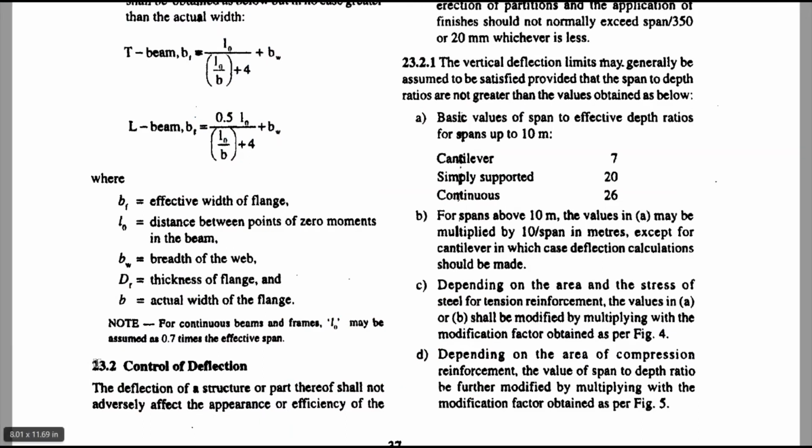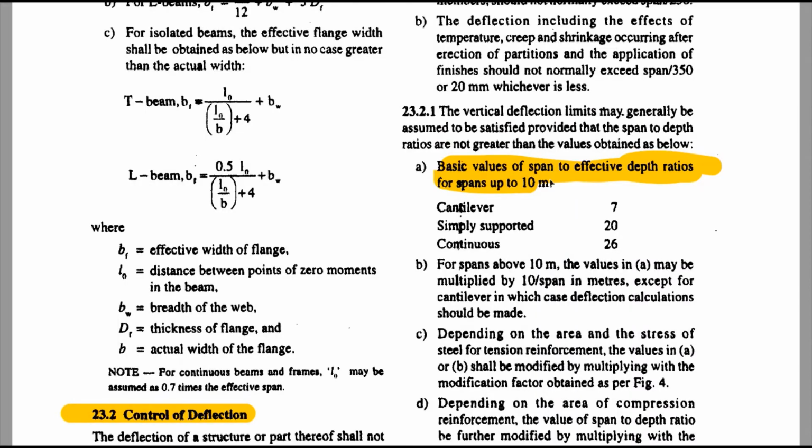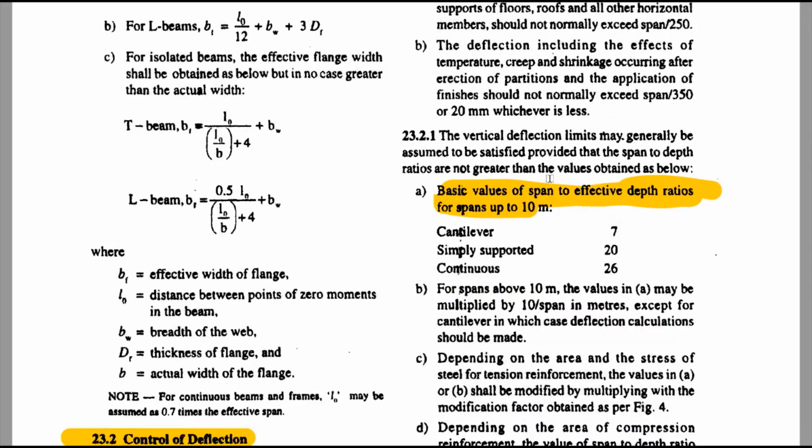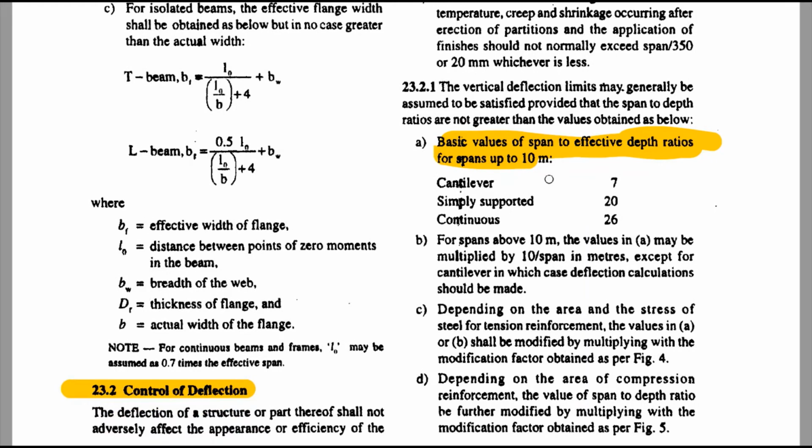We can find out depth of the slab by the control of deflection, right? Deflection control can be calculated by a depth and span ratio. By these two ratios we can find out a depth. Okay.